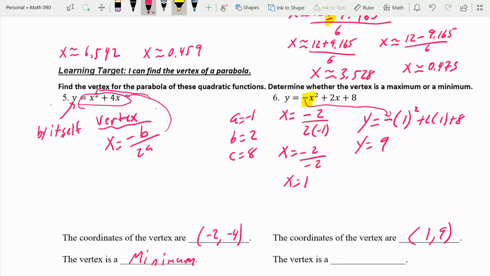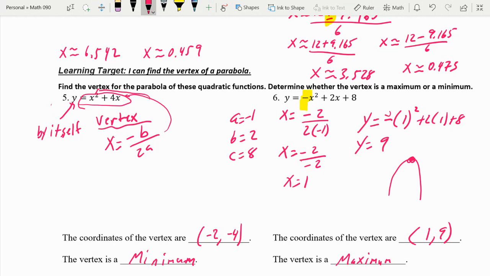Let me erase so I can re-show you everything. Because a is negative, I know that this is going to be a maximum. Remember me telling you in the other video, if a is negative, this graph is going to open down, so the vertex is going to be a maximum.